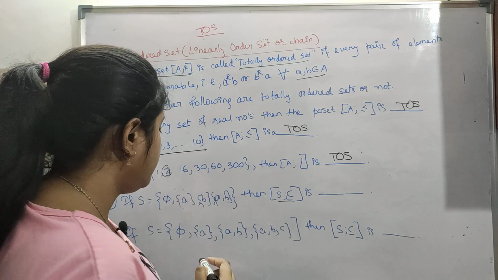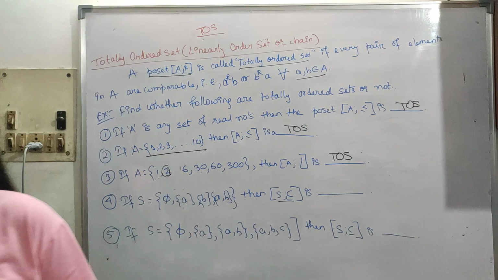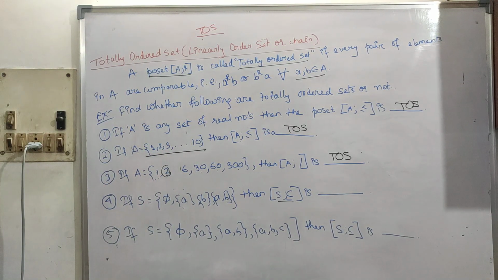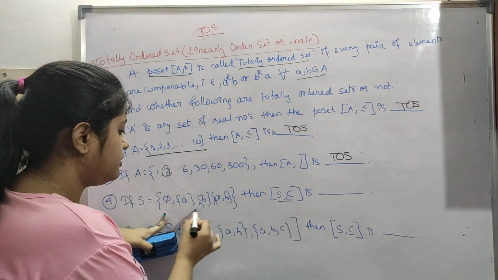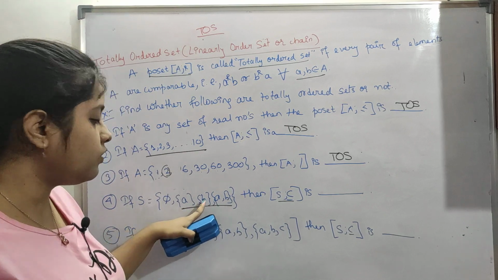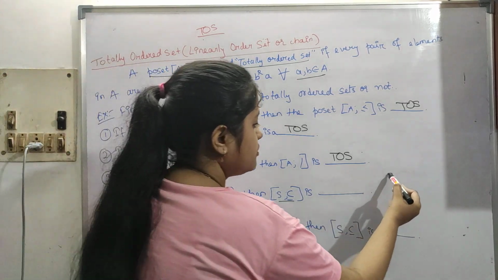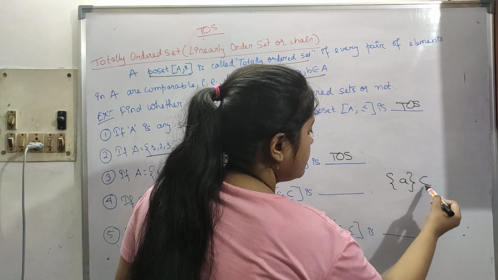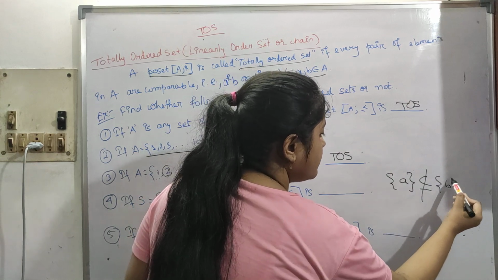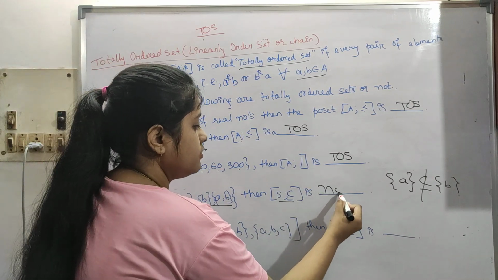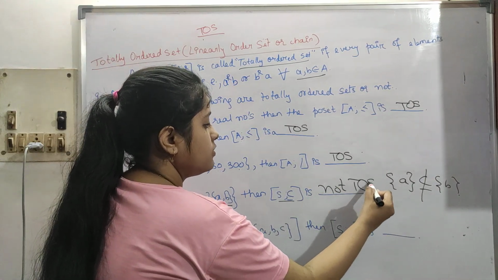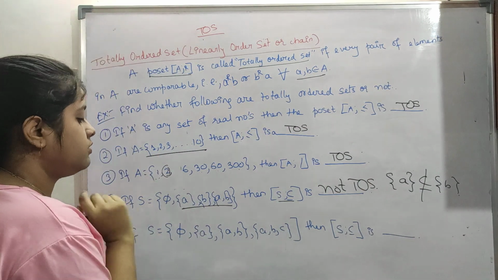Here the null set can be a subset of all of these, but A cannot be a subset of B. So this is not possible, so this is not a TOS. This is very important, this is not a TOS.